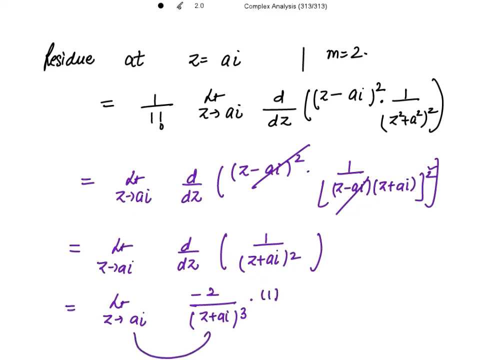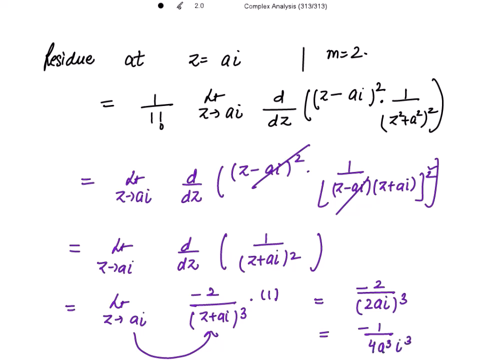And now taking the limit z tending to a iota, just replace z with a iota now. So this is minus 2 divided by (a iota plus a iota) the power 3, that is (2a iota) the power 3. So this further becomes minus 1 divided by, this is 4a cube iota cube.